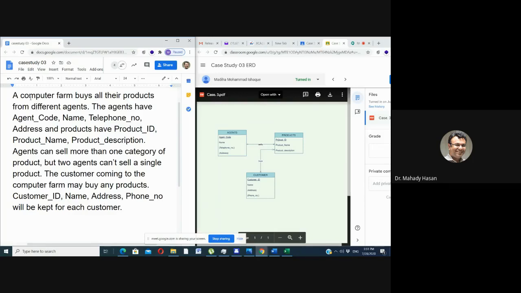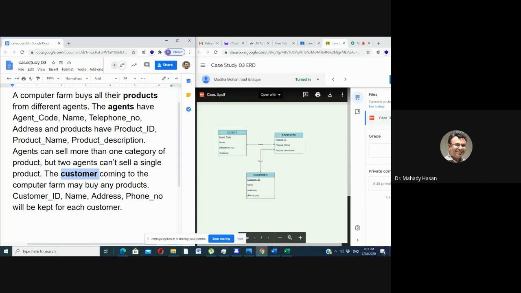So that means we have agent, right? We have product, isn't it? Agent, product, and customer. If we go through the detail, we can see these are the three entities.